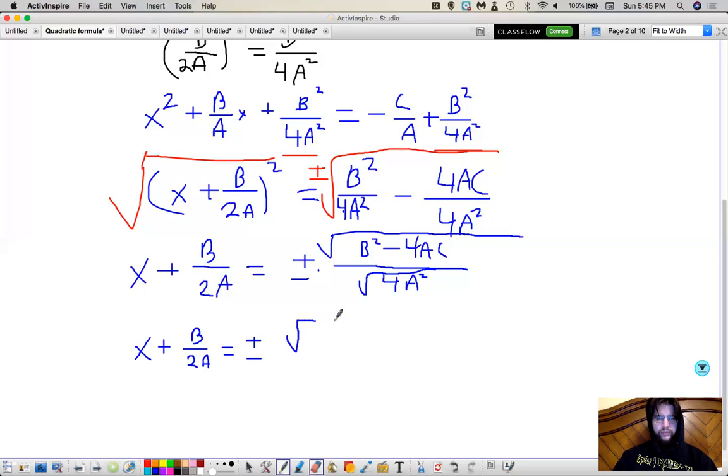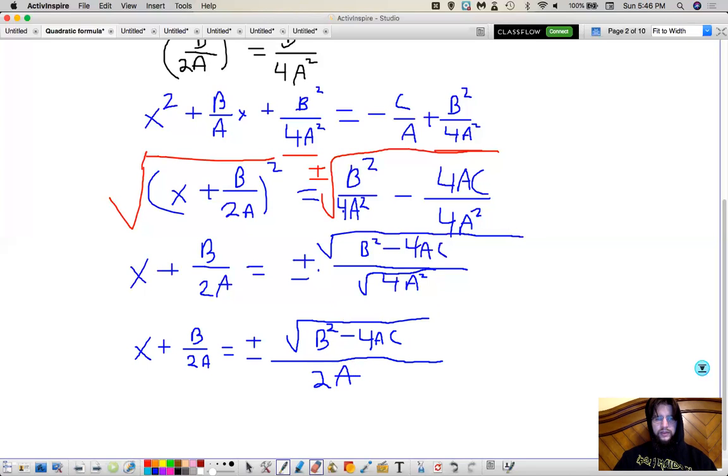The square root of b squared minus 4ac. The denominator, though, I can simplify. The square root of 4 is 2, and the square root of a squared is just a.